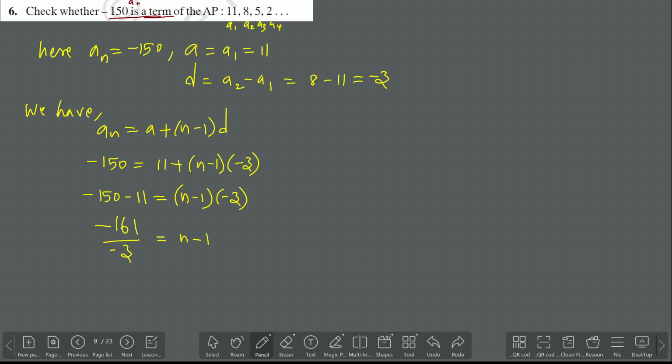Yes, it will come as a decimal, but the n value should not come in decimal, my dear. It should be a non-negative integer. But the minus we can cancel. 161 divided by 3. Minus 1, when you bring it to the opposite side, plus 1 equal to n. Taking cross multiplication, what am I getting? 161 plus 3 divided by 3 equal to n. 164 by 3 equal to n.